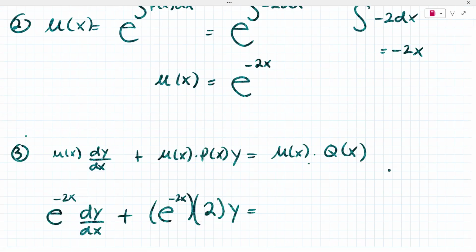And then mu times q of x, so it's going to be e^(-2x) times x^2 plus 5.